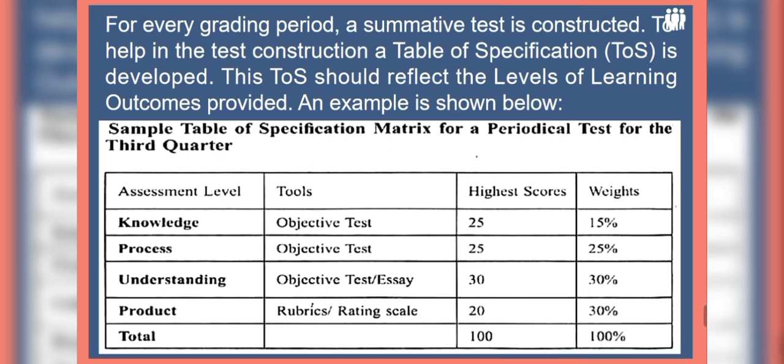The weight for knowledge is 15, and for process 25, and the rest are objective tests and rubrics, and the weight is 30%, equivalent to 100% for the grading of the students.